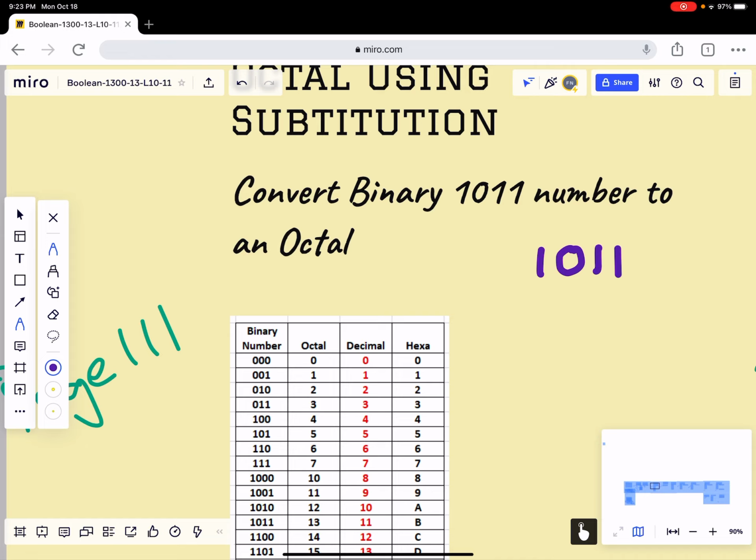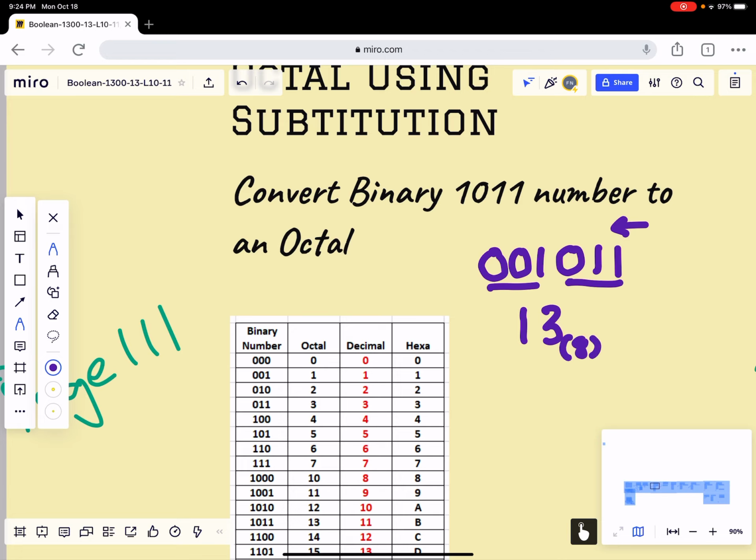So I'm going to group 3 digits together, 0, 1, 1 from the right to the left, and if I don't have enough digits, then I add 0. Now you have groups of 3 digits, so make them octal. 001 is 1 and 011 is 3, so you get 13 as an octal number.